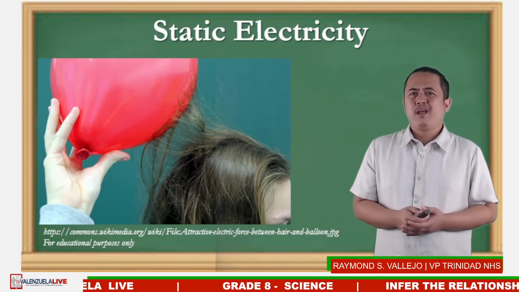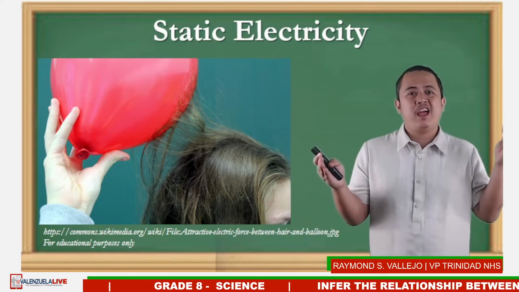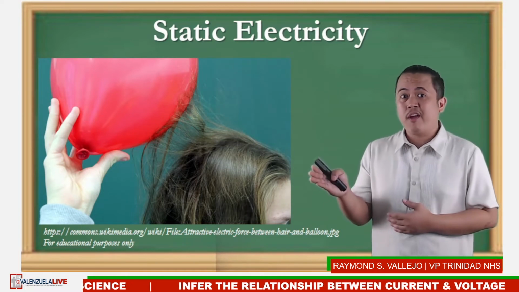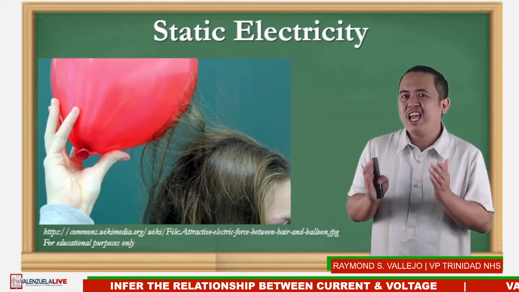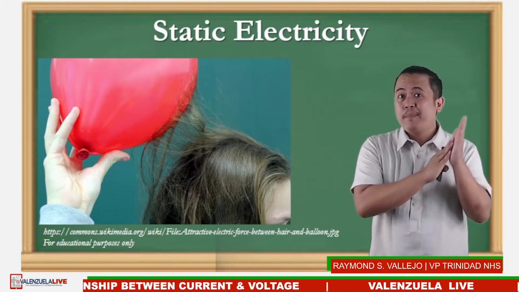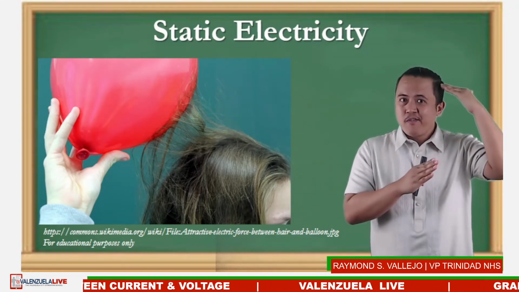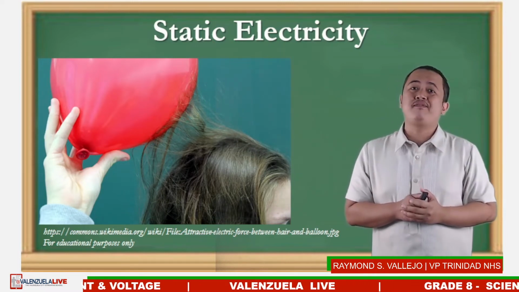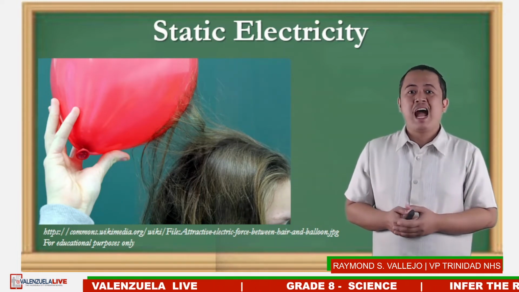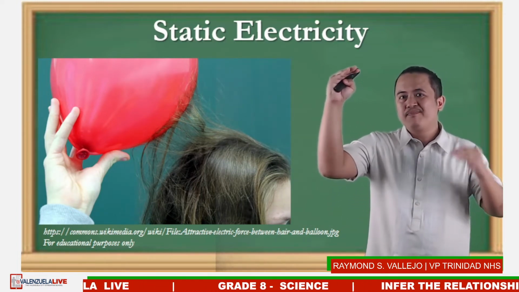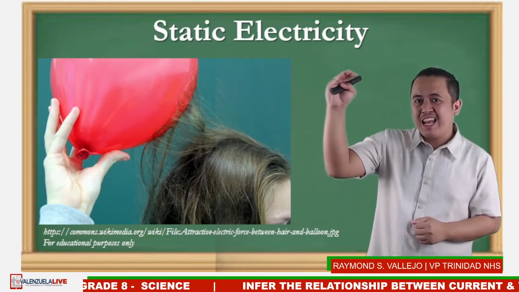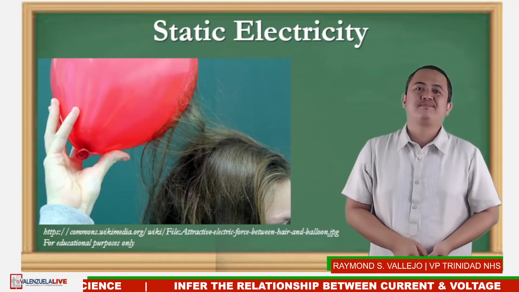Before rubbing, both the balloon surface and the hair surface have no charge. Each atom of both the hair and the balloon has an equal number of protons and electrons. As the rubbing starts, electrons of the hair move towards the atoms of the balloon surface. As a result, the hair surface has more protons than electrons, while the balloon surface has more electrons than protons.